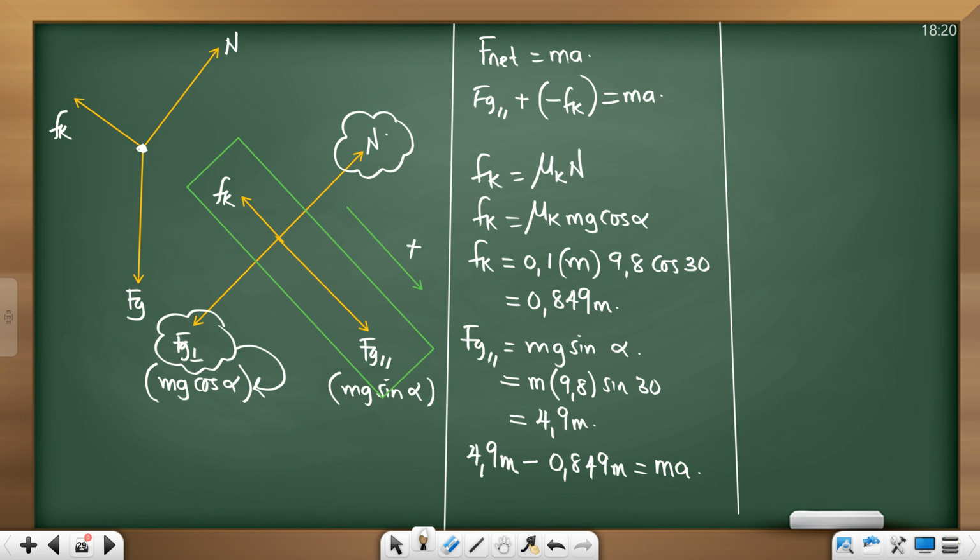What is 4,9 minus 0,849? 4,051. m equals to what? ma. Can I divide both sides by m? What's my answer? 4,05 meters per second squared. We're done.